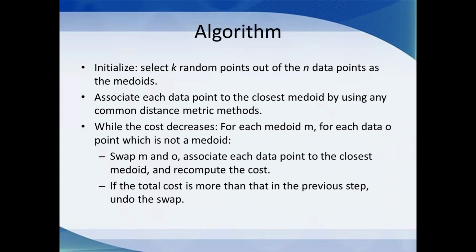So for each Medoid, it takes each point which is not a Medoid. Then it swaps the Medoid with the non-Medoid point if the point minimizes the cost of the cluster.